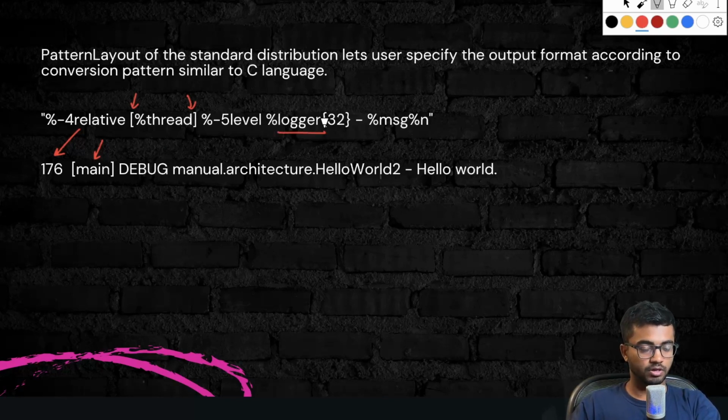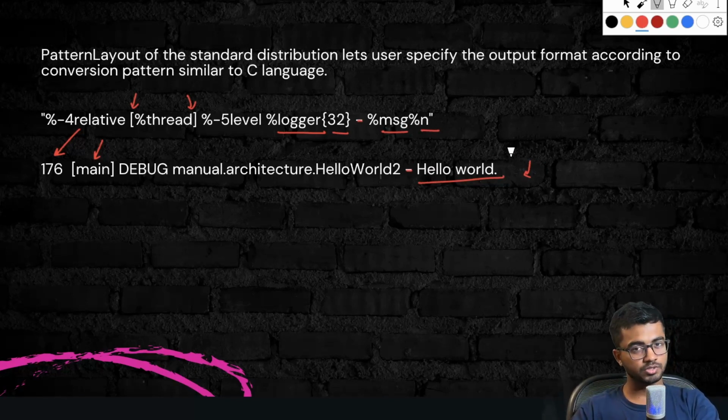Here is the logger name, and the 32 specifies that it will limit itself to a maximum of 32 characters, right? manual.architecture.hello-world2 is the logger that we have defined, the hyphen comes as is, and we have the message. The message is hello world, and the \n defines the newline character. So this is basically how you define the whole pattern.